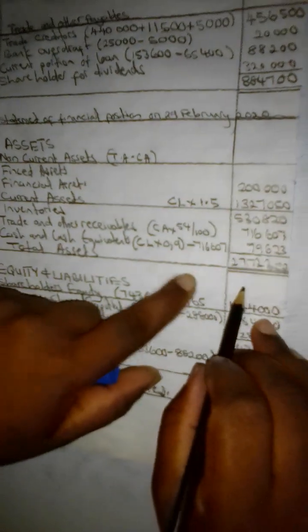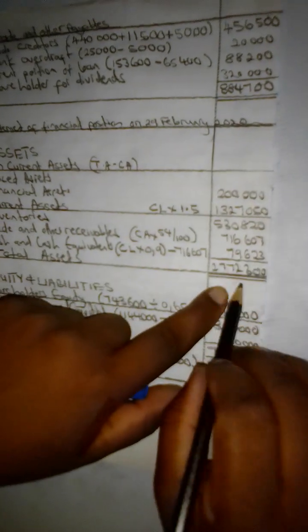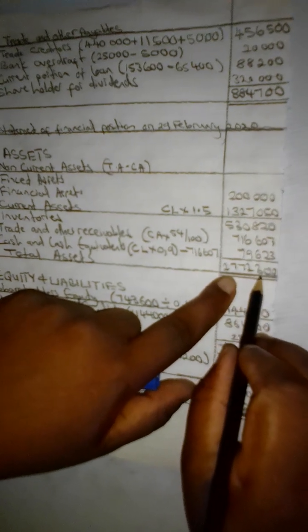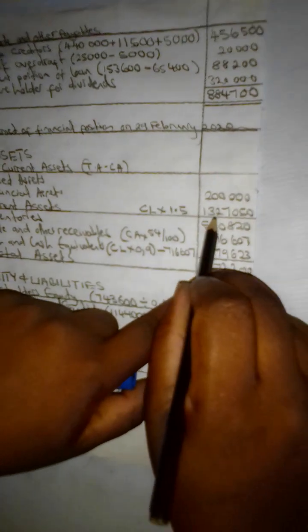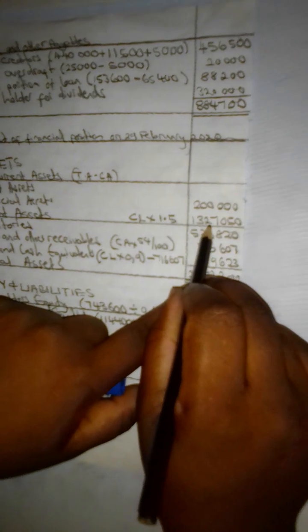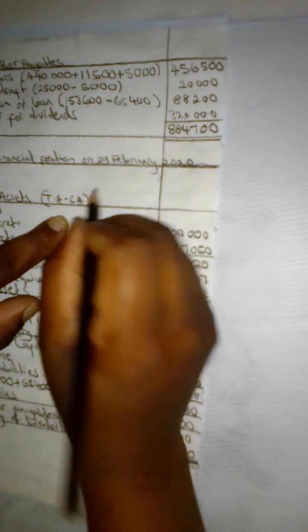So the total asset here is 2,772,300 minus the current asset 1,327,050. Let's calculate that one. Let me show the amounts anyway so that it might not be confusing.